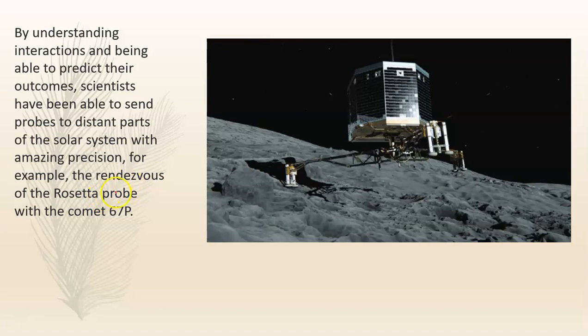For example, the rendezvous of the Rosetta probe with the Comet 67P. Have you heard about this before? Okay, I have done a search for you, but you can do the search for yourself as well. Pause the video and have a look at what the Rosetta probe with the Comet 67P is. There are very nice stories around the internet.